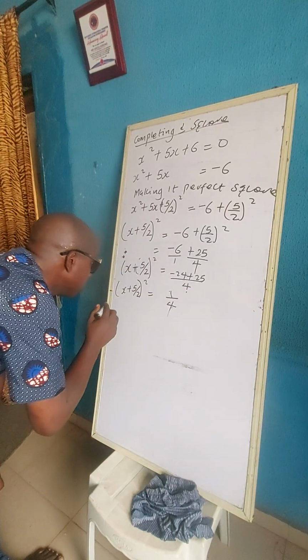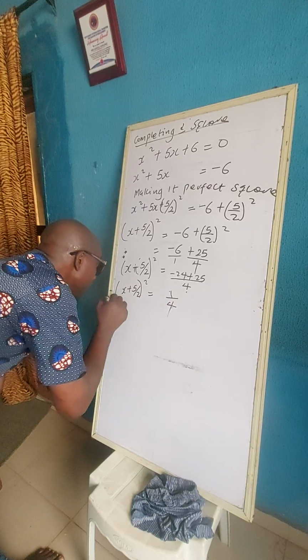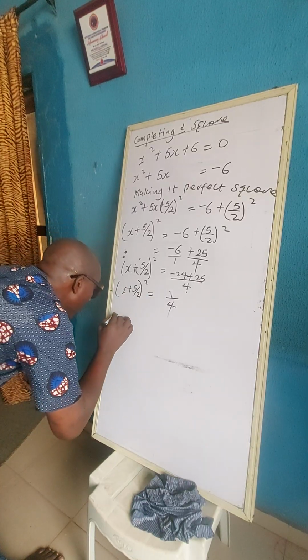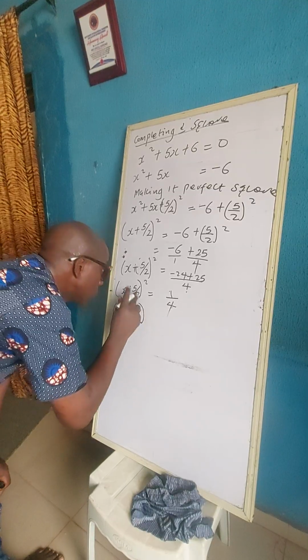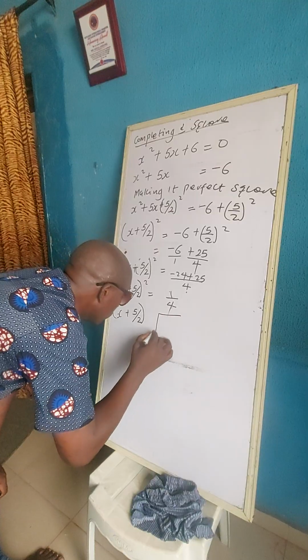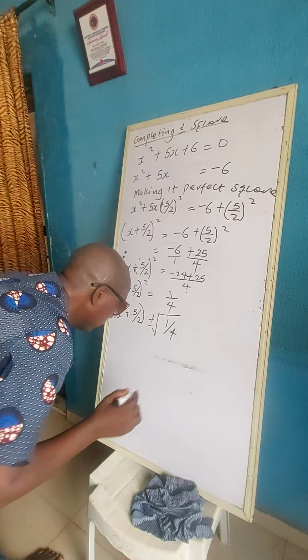Then let the square go to that side. It becomes x plus 5 over 2 equal to square root, plus or minus, of 1 over 4.